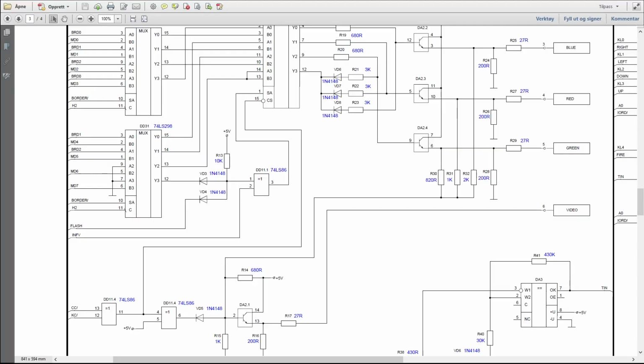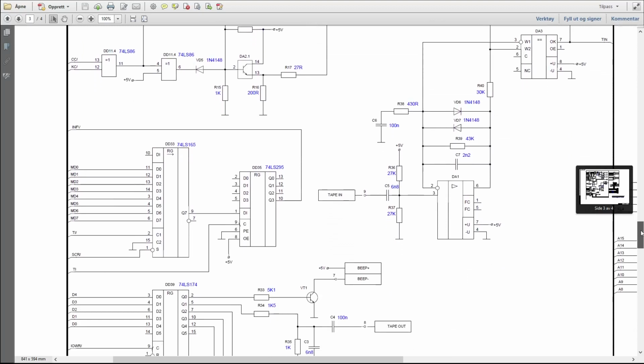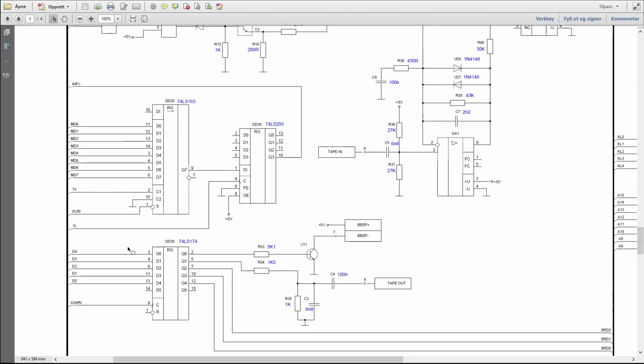So what will be the next step to debug the Leningrad? We have to look into the video circuitry a bit more than we have so far. And the key to the video circuit is down here. You can see that the memory data is shifted into a shift register, and this is an 8-bit shift register.